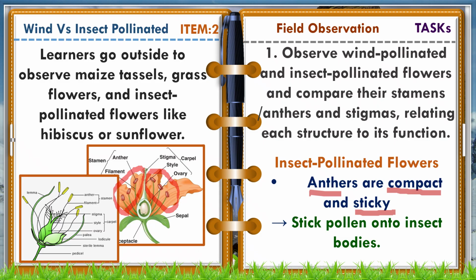The purpose of this is sticky pollen on contact with the insect body. So the stickiness of the anther is to trap the pollen grains onto the insect body.